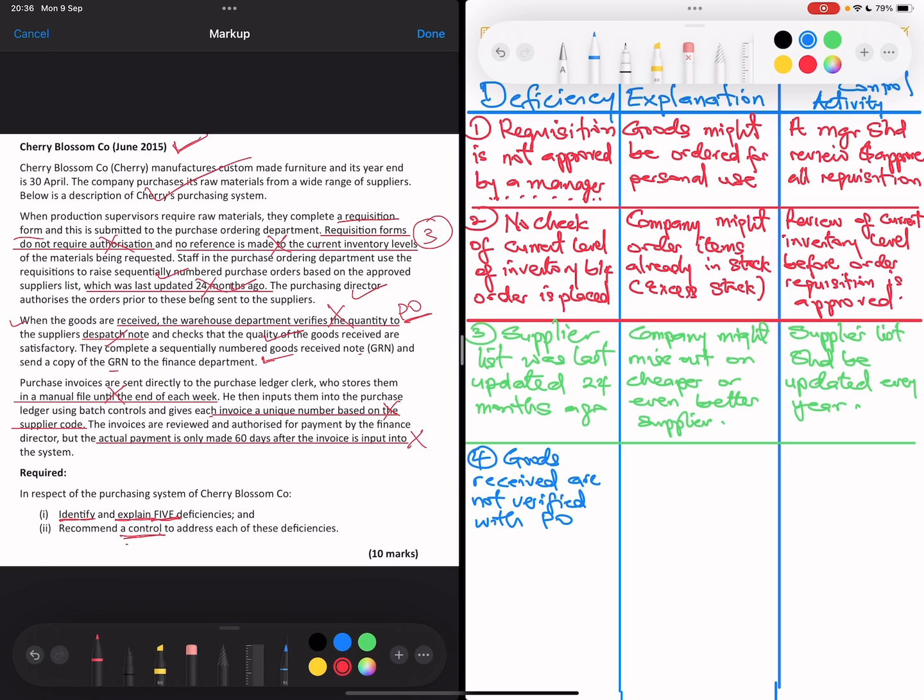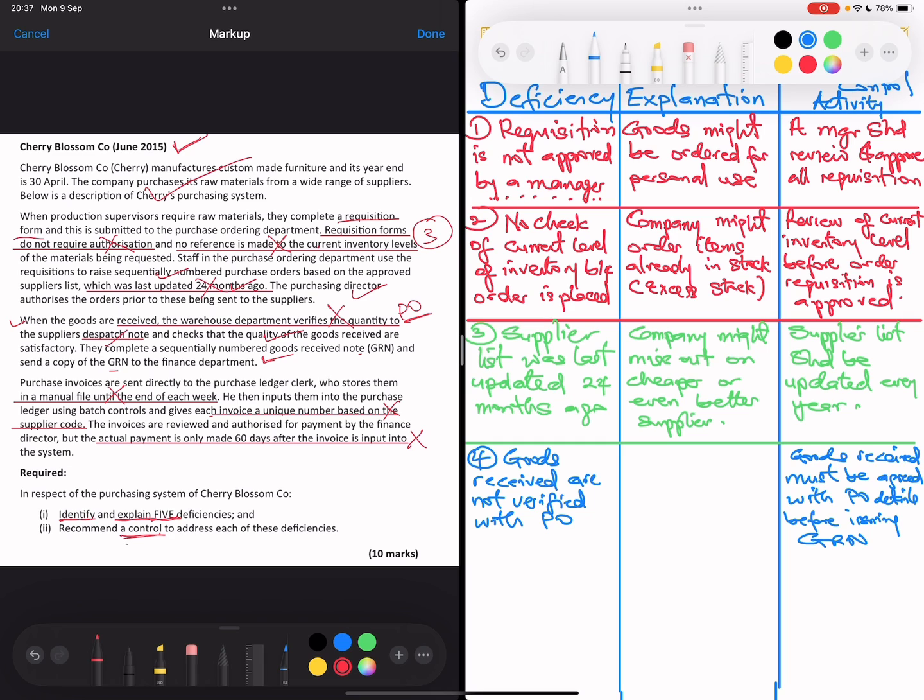Remember, I said in my previous video that if you receive goods and you check with the PO and it does not tie, you should not receive those goods. And in that case, you should not even bother issuing any goods received note because you return that delivery. So, goods received must be agreed with PO details before issuing goods received notes.